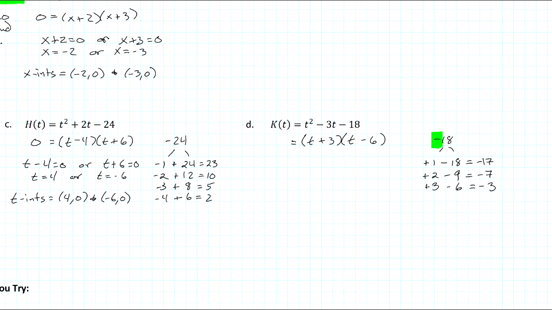Real quick before we continue on with this problem, let's note that if none of these worked, then we couldn't factor, and we'd need to use the quadratic formula.